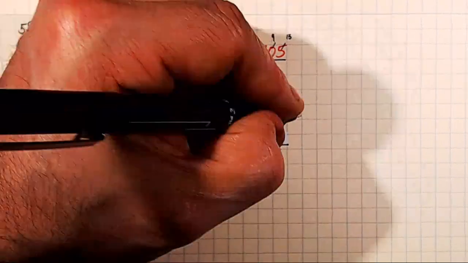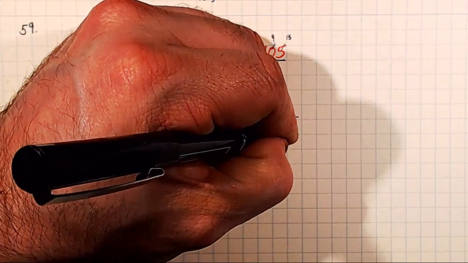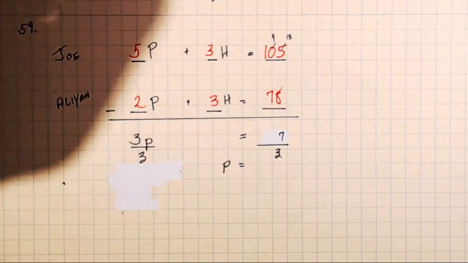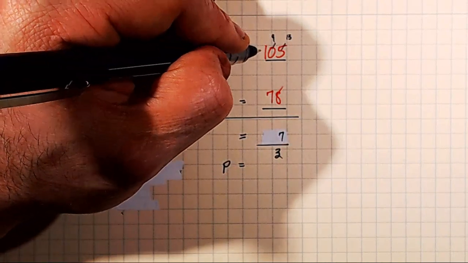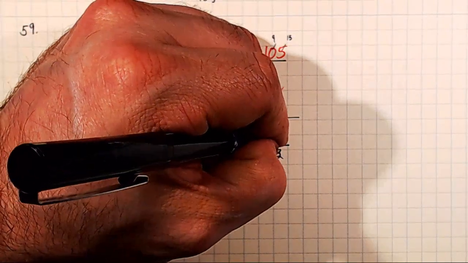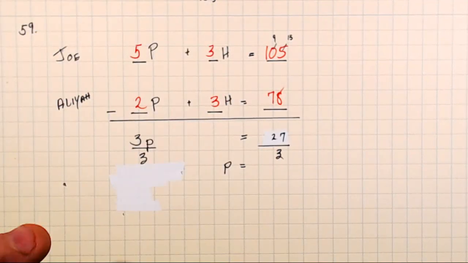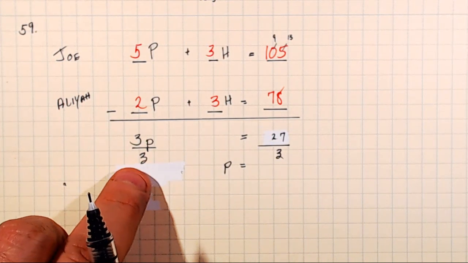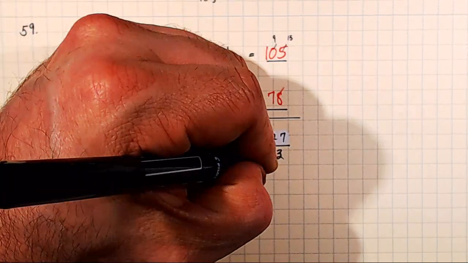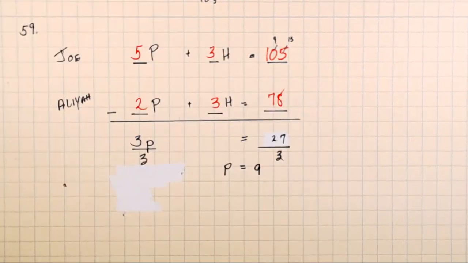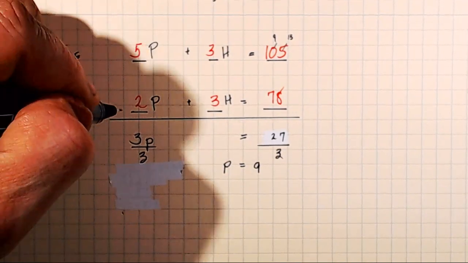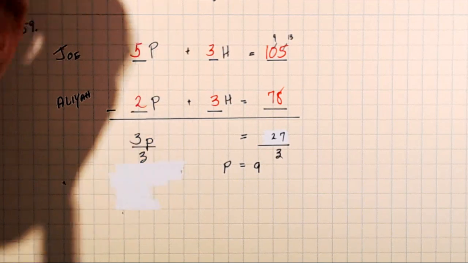What is 15 minus 8 is not 9, it's 7. My mistake. And 9 minus 7 is 2. So a little bit of a mistake there changed everything. 3p equals 27. Okay, so divide 27 by 3, p equals 9. And that's a better looking number.